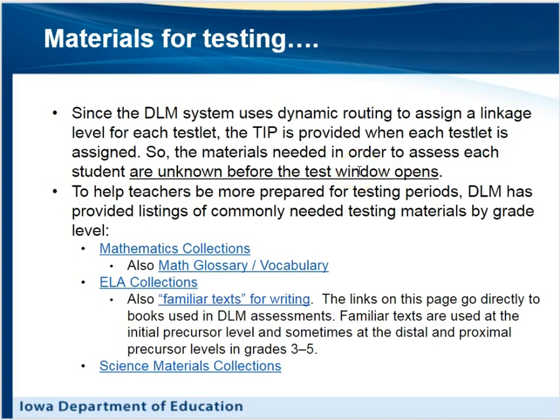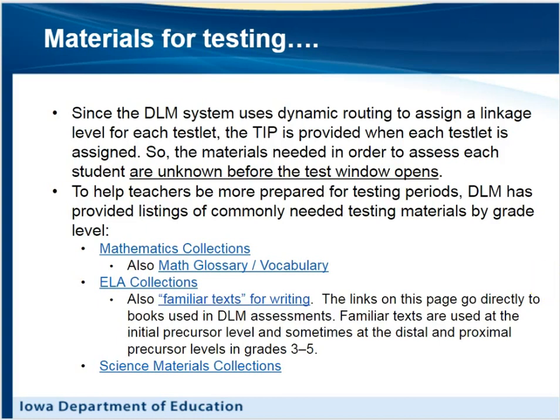We'll see later that once you assign essential elements during the fall and winter periods, it'll give you a tip sheet. And what that means is, for some testlets, you may need some additional materials. You may need some manipulatives to use for math. You may need some pictures or some other hands-on kinds of things. And the tip sheet tells you what those things are. But we don't know that until we've assigned that.